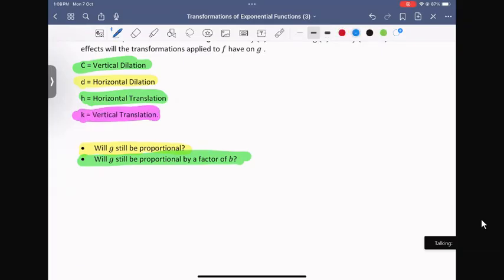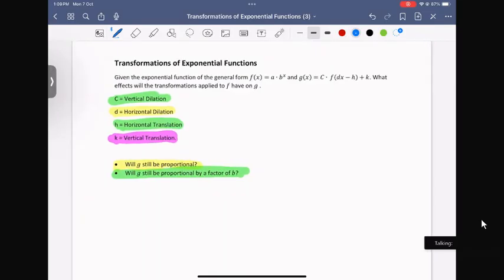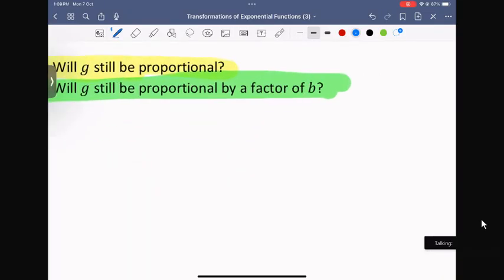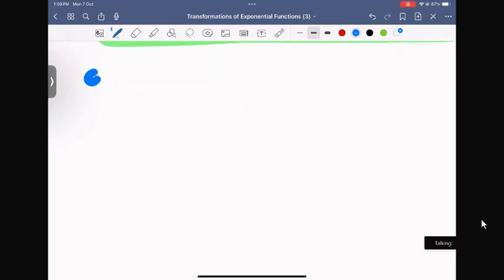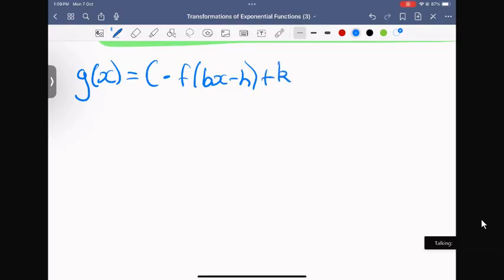Right, we're going to do a little investigation on that and have a look at why this is the case. So we have our function, g, choose a smaller pen. We have g of x is equal to c times f of d times x minus h, plus k.